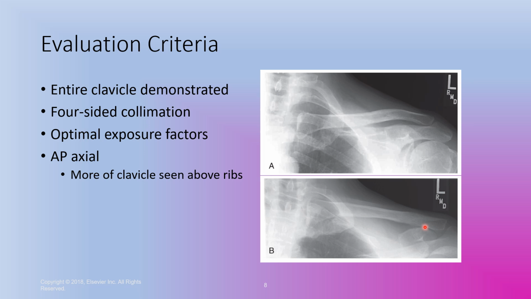And the AP axial, again, you're getting the entire clavicle, both joints at either end, acromioclavicular and sternoclavicular. And ideally, you're projecting the clavicle above the scapula and above the second and third rib.